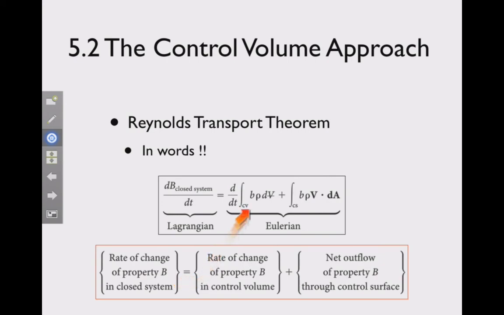The first term here is the rate of change of the property in the control volume. And that's going to be added to the net outflow. Remember, outflow is positive. So this is the net outflow of property B through the control surface. So in order to calculate this, a lot of times we're going to be calculating the outflow out one end minus the inflow in the inlet.